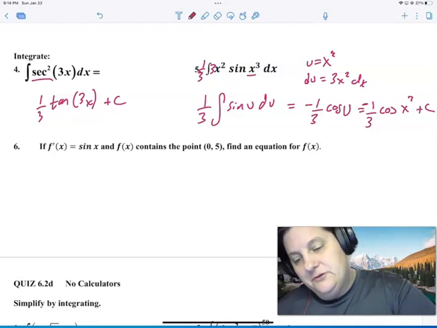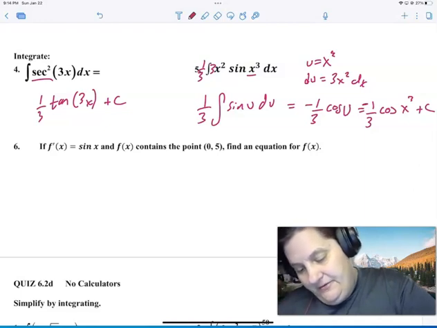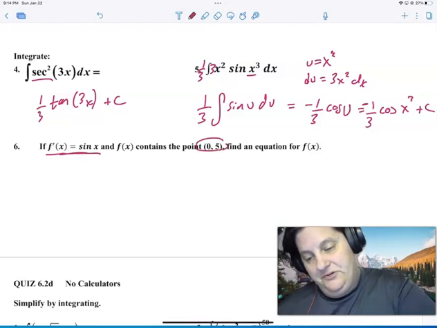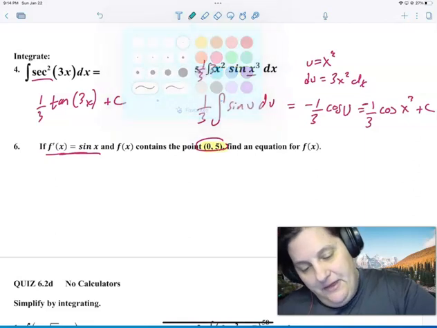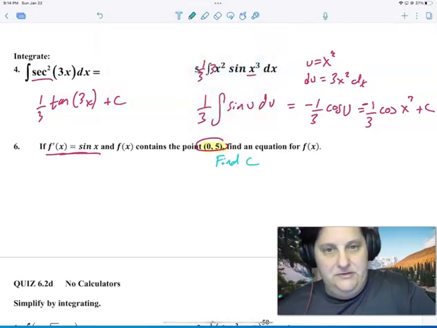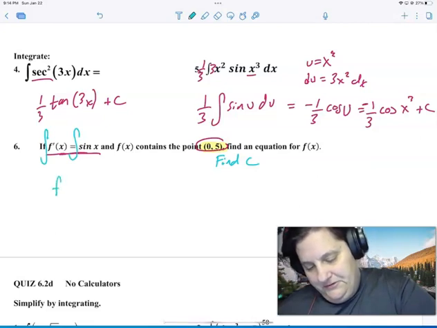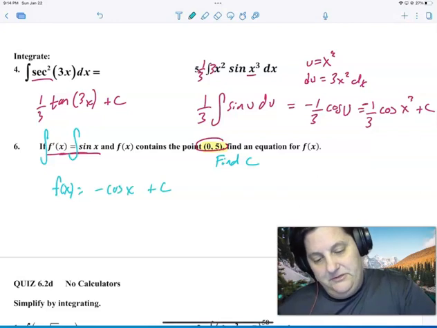Make sure I'm doing all these okay here. If f prime of x is sine and it contains the point 0, 5, find an equation for f. Again, this is telling me that I am going to be able to find c. All right? So if I integrate both of these, the integral of sine is negative cosine plus c.